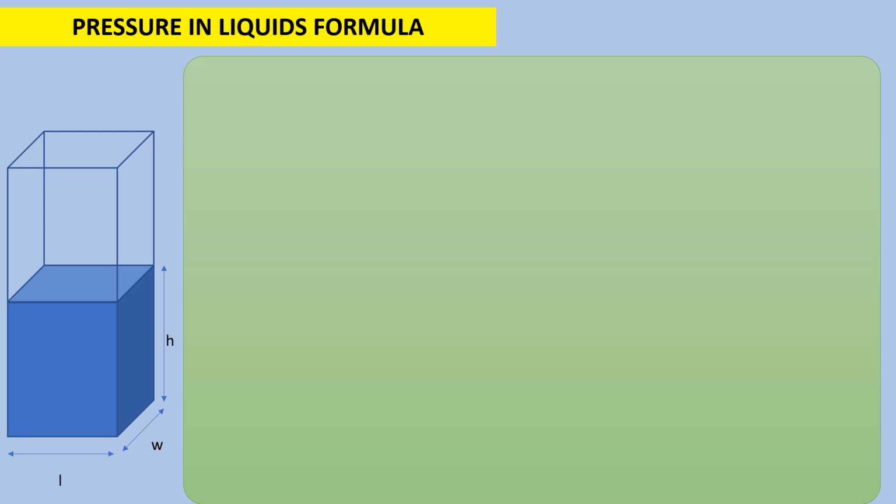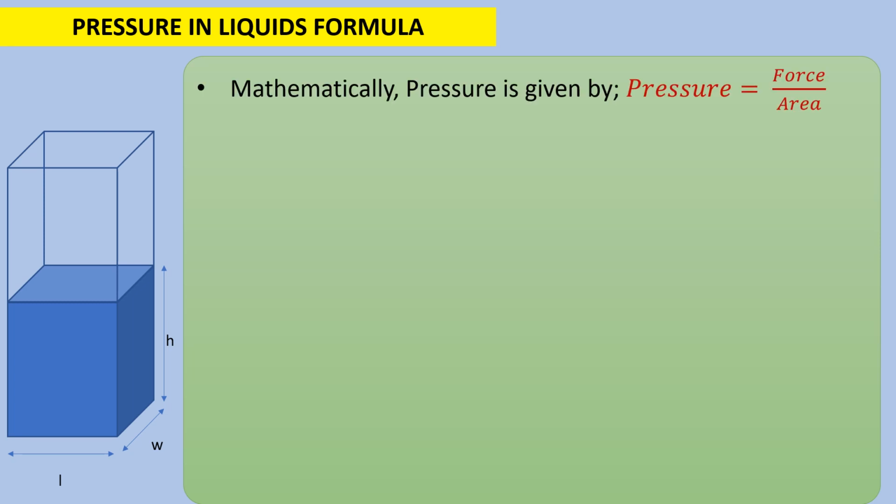We'll see that as we progress with the derivation. We start by saying, as we had looked at in the previous video, that pressure equals force divided by area. That's what we looked at in the other video, and we'll be using this. To derive another formula, you use what you already know, to get to what is unknown.